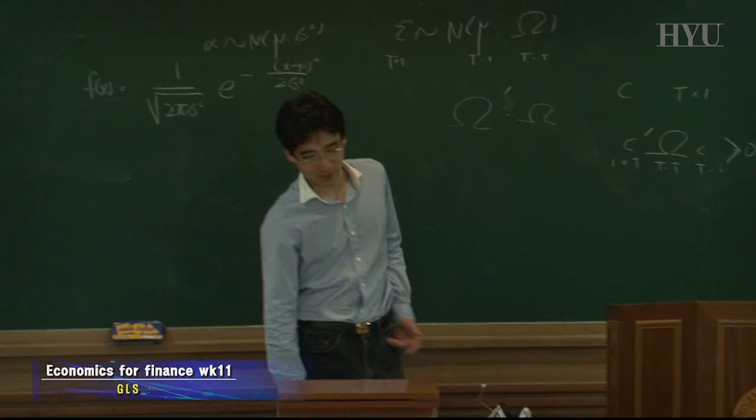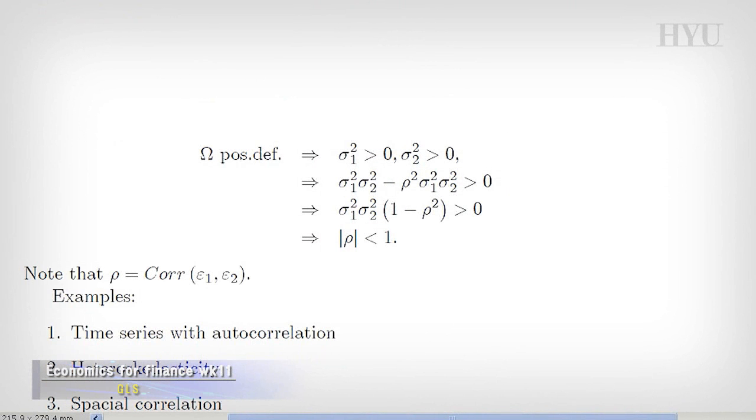And to be positive semi-definite, actually, there are easier ways to test positive definiteness of a matrix than the definition. In this case, it is a 2 by 2 matrix, so the diagonal terms should be positive, and the determinant of the matrix should be positive as well. If these conditions hold, then the 2 by 2 matrix is positive semi-definite.